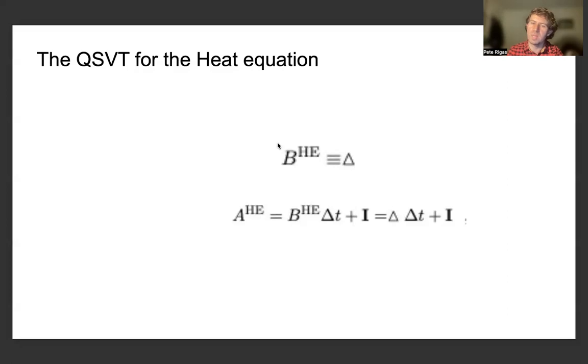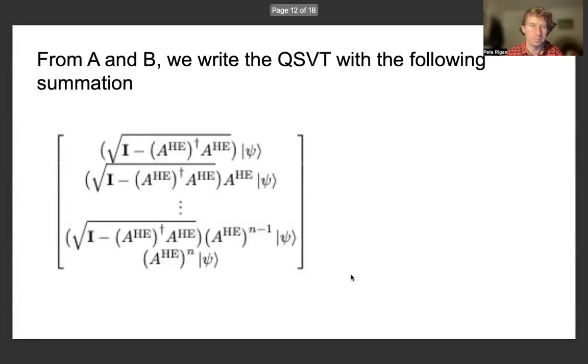So whatever the B operator is for the partial differential equation of interest that one wants to solve with the QSVT, one can obtain the A operator from this equality.